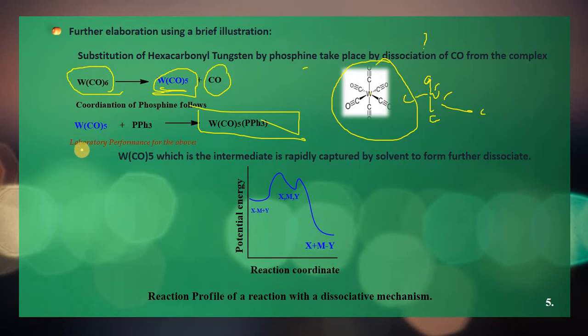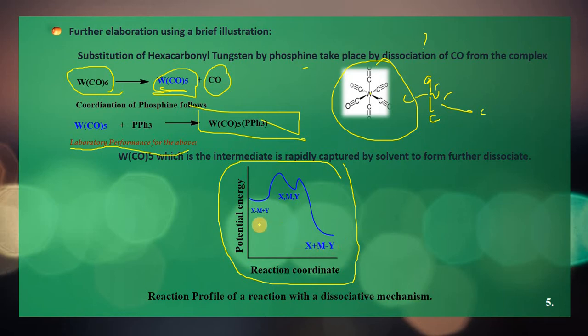It is important to take note of this reaction I've been talking about. I showed the laboratory performance for the hexacarbonyl tungsten. This is the reaction coordinate, the reaction profile of a reaction with a dissociative mechanism. This is the mechanism a dissociative reaction tends to follow.